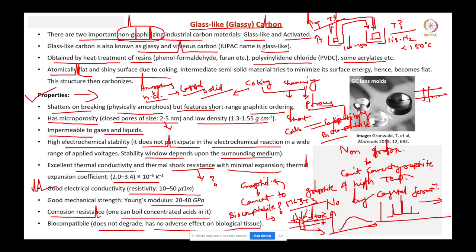There are a lot of cells and tissues, and it could give some toxic component, but it does not have this kind of adverse effect. That's why it is biocompatible but not biodegradable. Remember this. You can only use this kind of material where you require biocompatibility, not biodegradability.